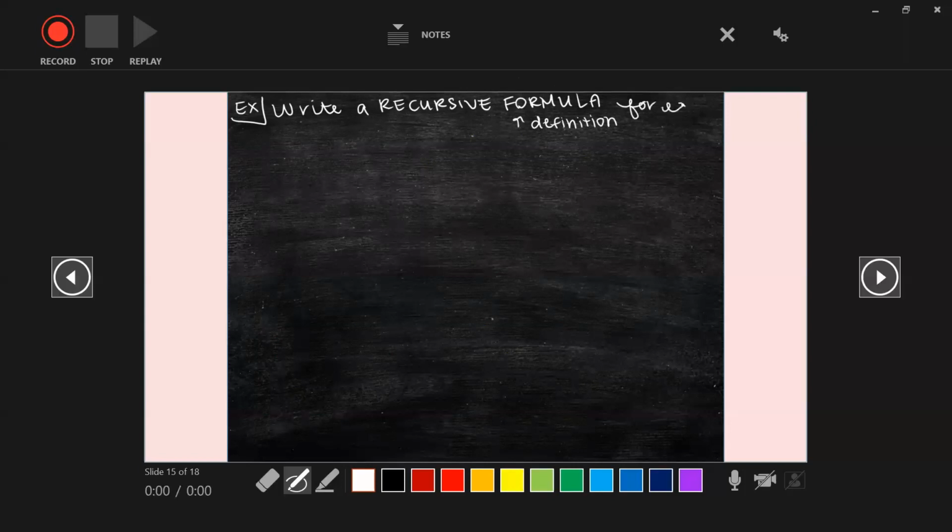For each sequence, and let's say that we are given the numbers 80, 77, 74, 71, and 68. Your first step is going to be to create a table.